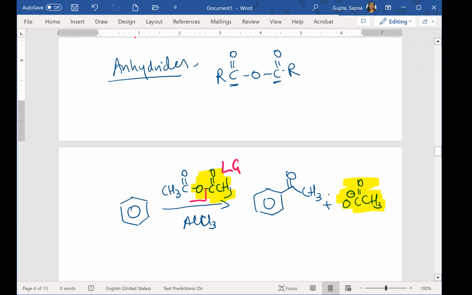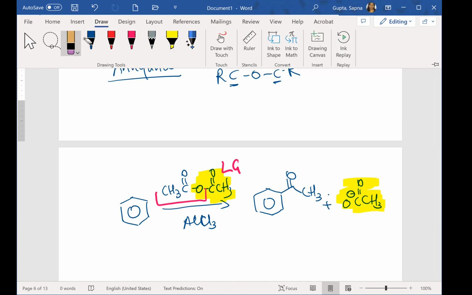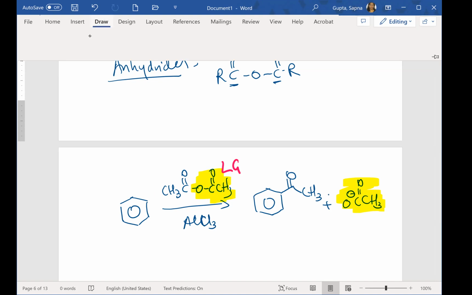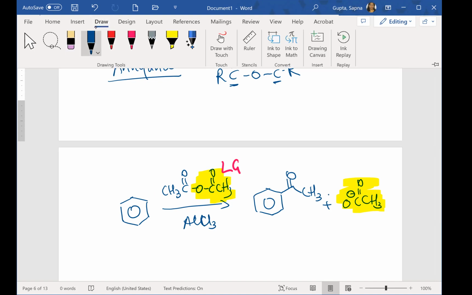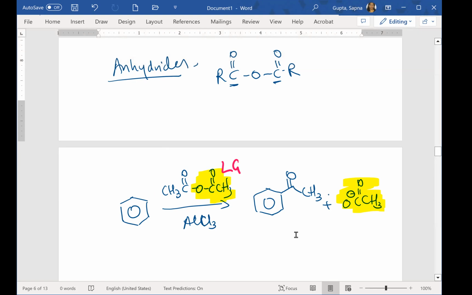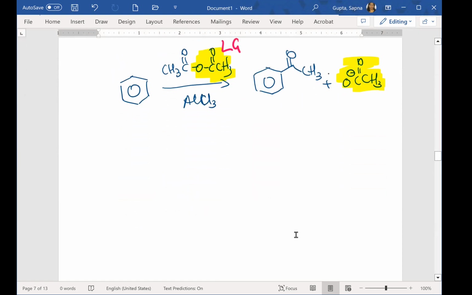But the leaving group can also be on the left side. Doesn't matter because this is a symmetrical anhydride. It doesn't really matter which side is the leaving group. So you can use anhydrides, you can use acyl chlorides to give you the ketone, or the acylation.